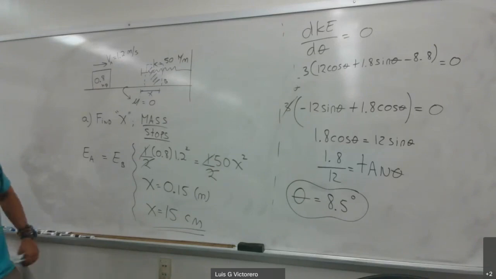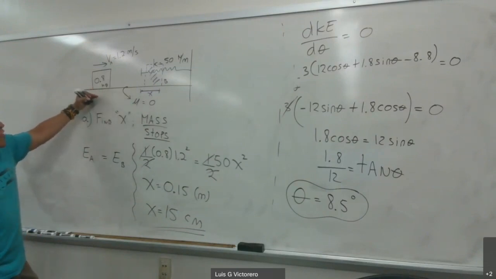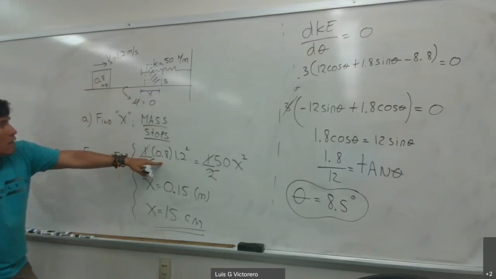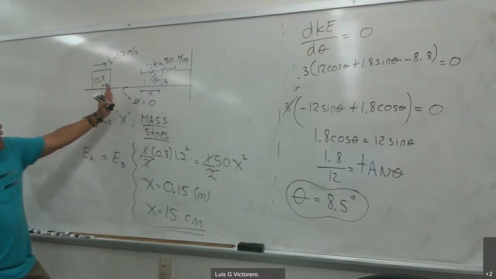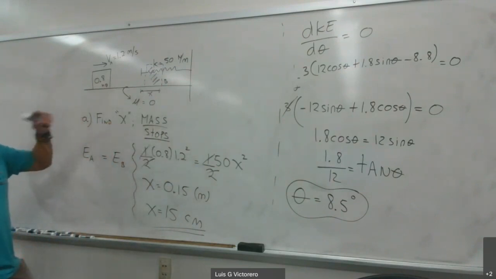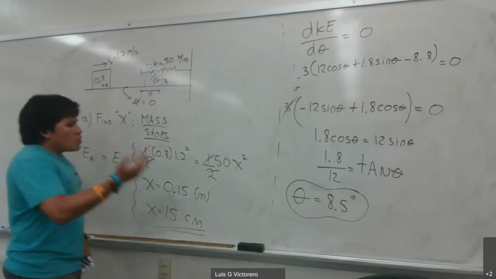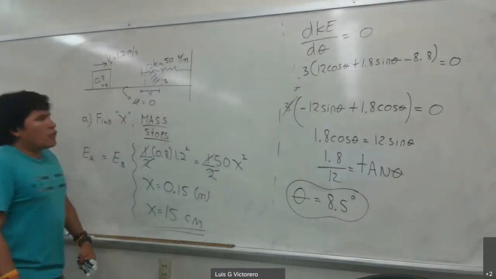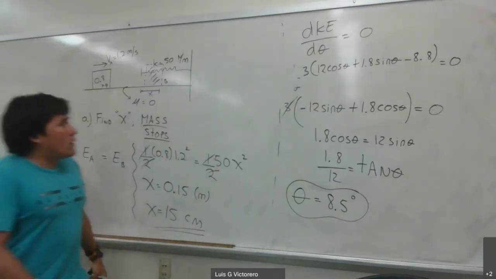I will just make it longer. If I tell you that it's in here, and now there is some friction, you will have to find the energy here, which is kinetic again, and then it's losing energy due to friction until it stops again. So it will be the same, but now we have to worry about the work done by friction. That will be the difference. So let's do what it says there actually, and then I will show you what happens if the block is actually at this position. So the next part will be this.